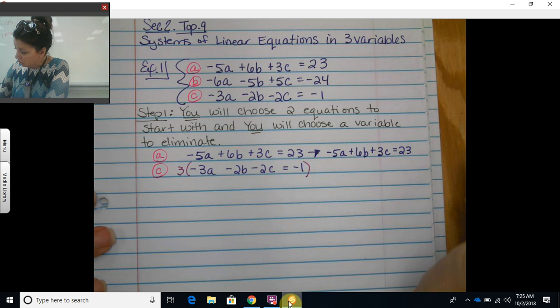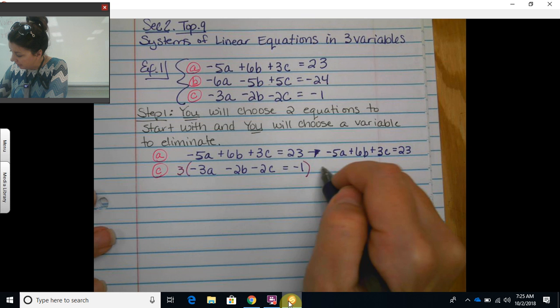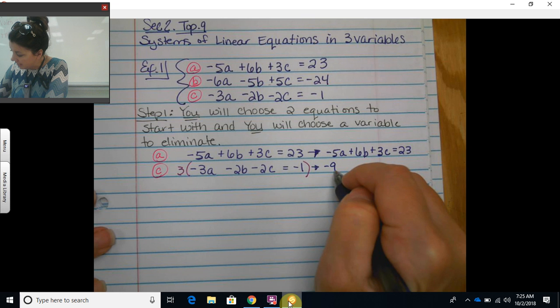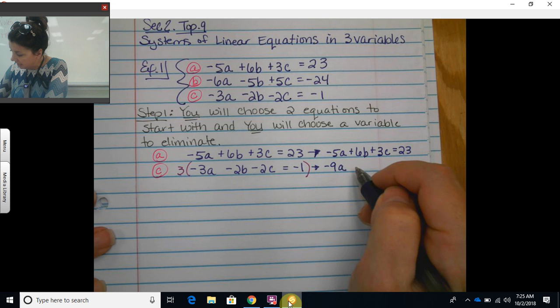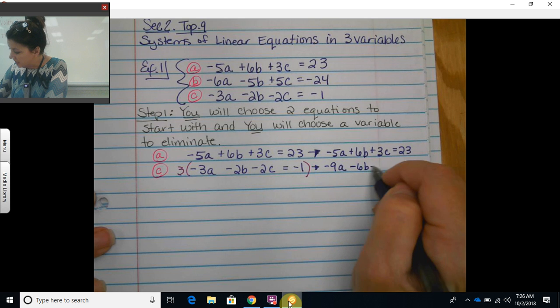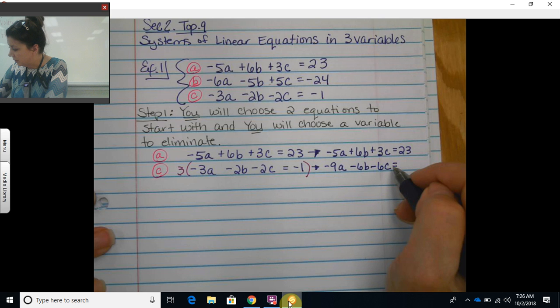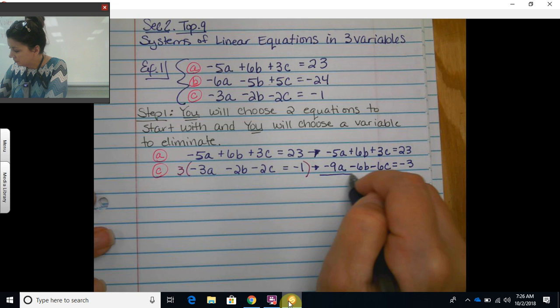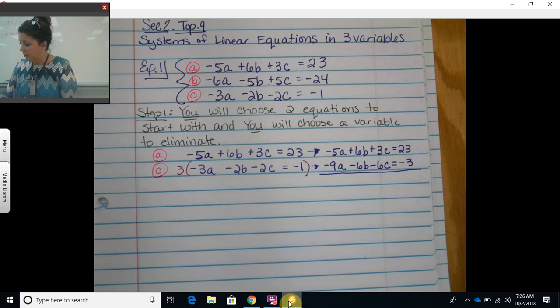So 3 times -3a is -9a. 3 times -2b is -6b. 3 times -2c is -6c equals 3 times -1 is -3. So we wanted the b's to eliminate, and they are going to.